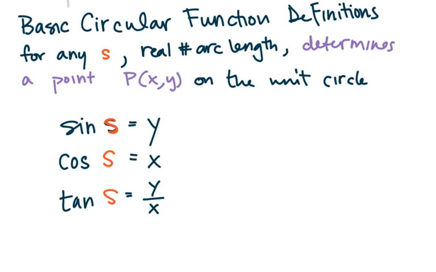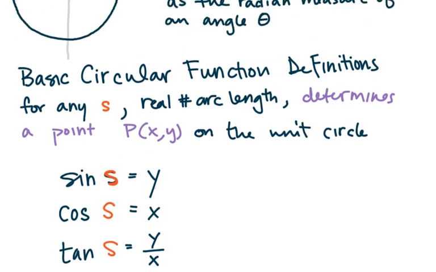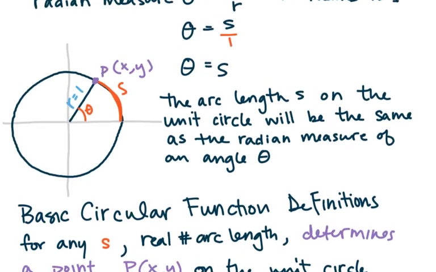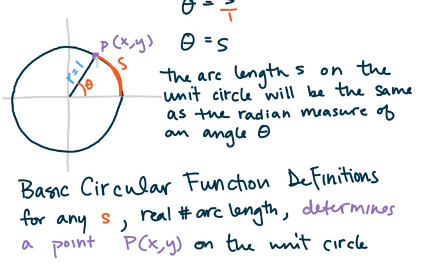So this is the same as SOHCAHTOA. We're just now defining that sine represents the y-coordinate, cosine represents the x-coordinate. Why am I not having to say divided by the hypotenuse or divided by the radius? The reason is because my hypotenuse or my radius for any triangle I would draw in here is going to be 1.